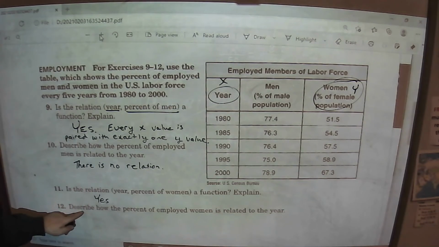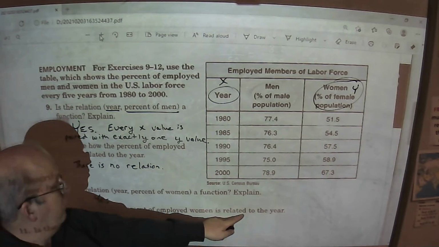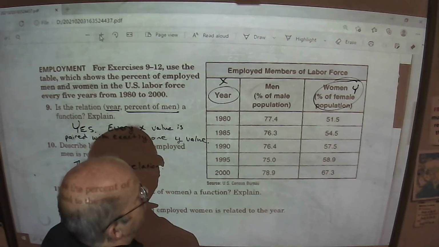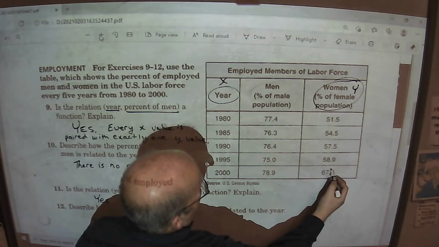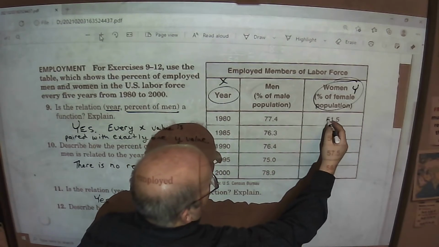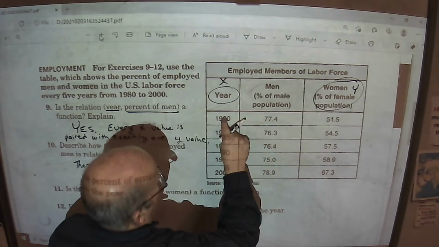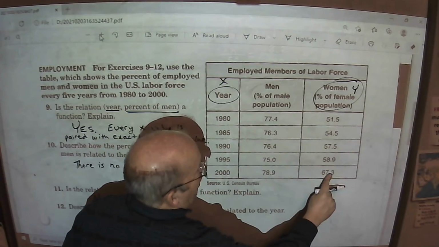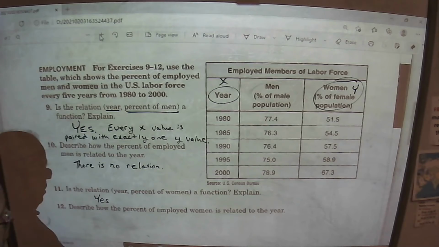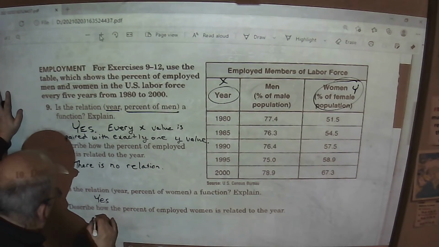Okay? Now, describe how the percent of unemployed women is related to the year. Notice something here. This data is a little different. 51, 54, 57, 58, 67. It's always rising. As the years get bigger, the percent of women gets bigger. There is a relationship here.